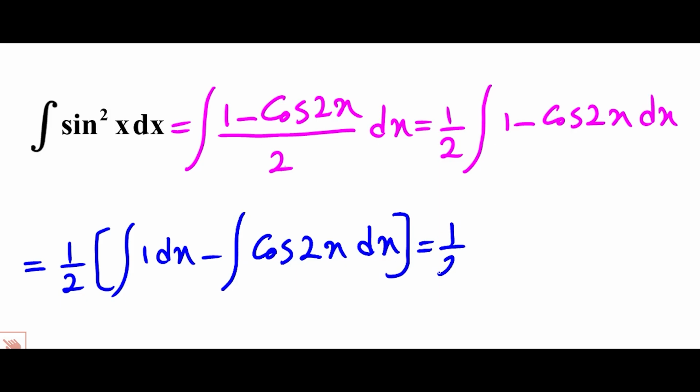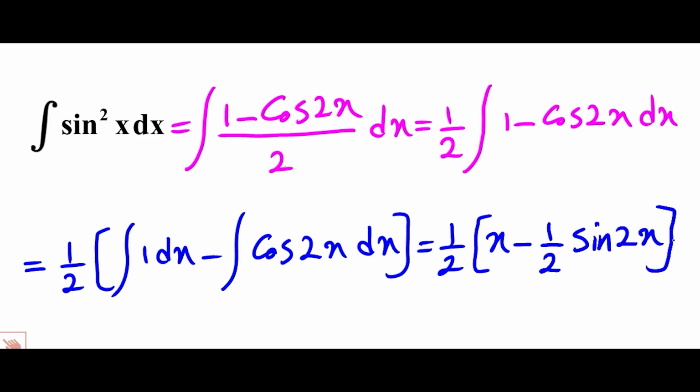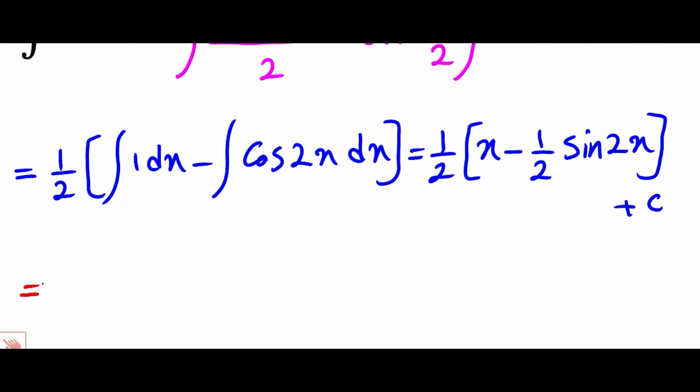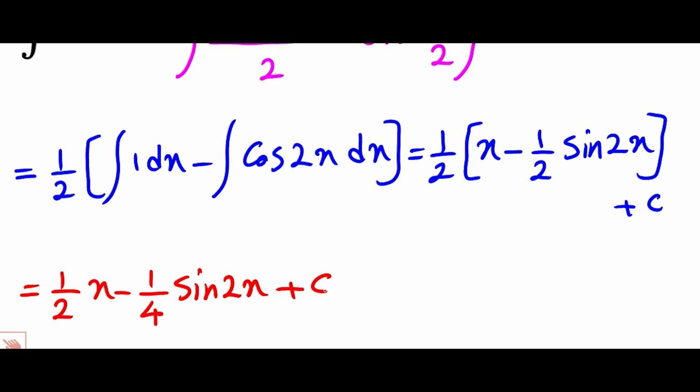The integral of 1 dx equals x, minus the integral of cosine 2x, which equals 1/2 sine of 2x, plus c. So we have 1/2 times x minus 1/2 times 1/2, which equals x/2 minus 1/4 sine of 2x plus c.